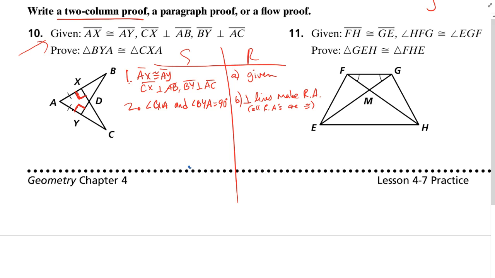What else do I have? How about some reflexive property? What in here could you give me a statement for, and the reason is reflexive? Well, reflexive property is always blah blah is congruent to itself. So where in here do you have something congruent to itself? I need a piece of this triangle that is the exact same piece as in this triangle.